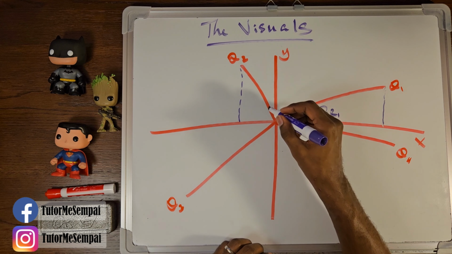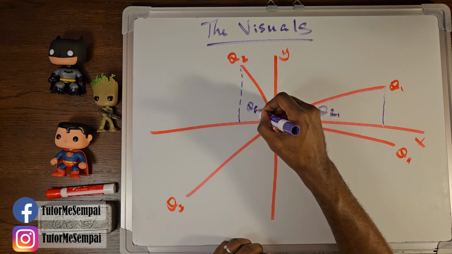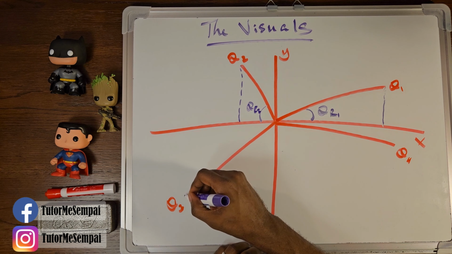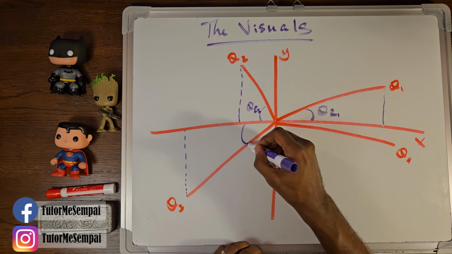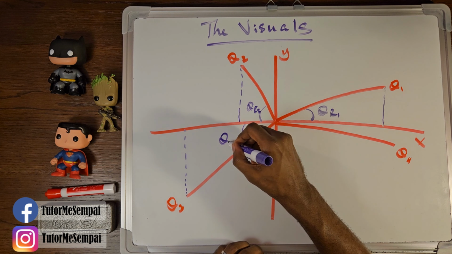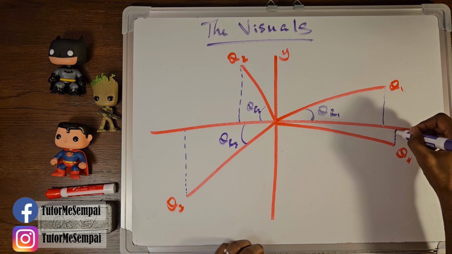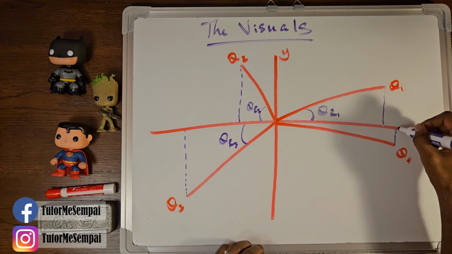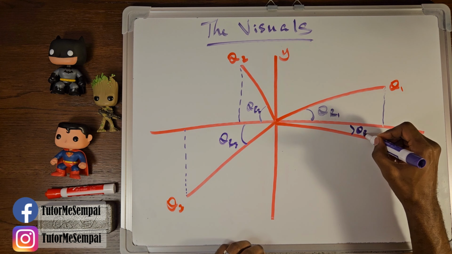We complete this triangle, and this angle here is going to be our reference angle 2. The same thing over here. We complete this triangle. This angle here is our reference angle 3. Same thing over here. We complete this triangle. Notice everything is vertical. This angle here, reference angle 4.